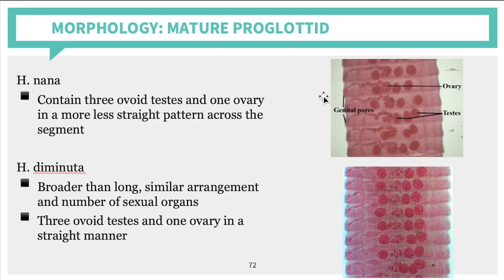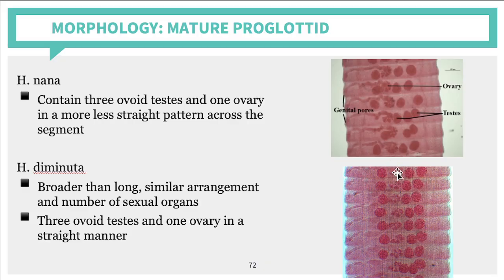How about the mature proglottid? How can we differentiate the two? Please take note that each of their segments will contain 3 testes and 1 ovary. How will you be able to differentiate ovary from testes? If you look at this one here, this is 1 ovary, 1, 2, 3 testes. The testes are more condensed, while the ovary is lighter and less condensed.